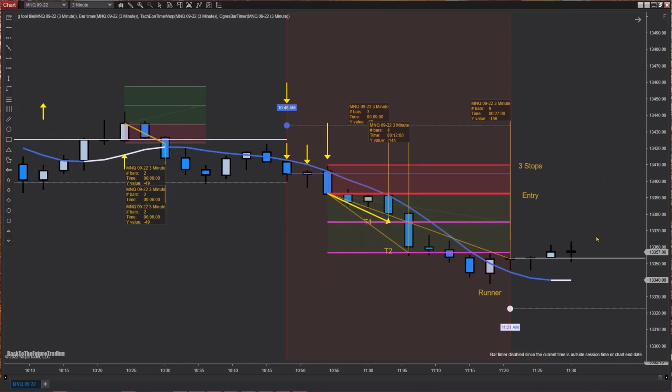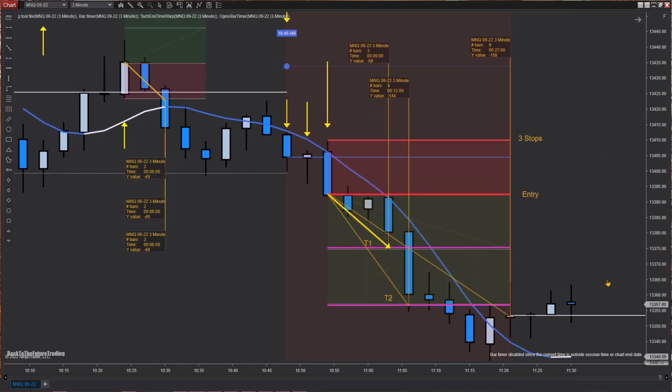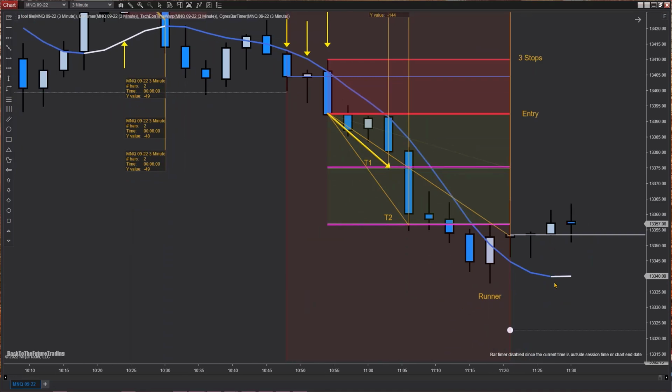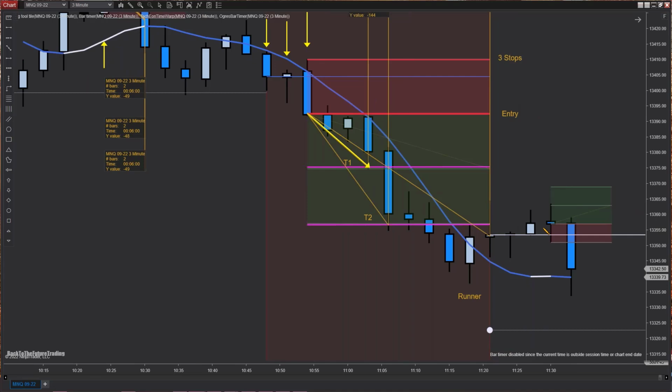So now we're just looking for the Hull, oh, look at this. Oh man, some of the flips today were just not pleasant. So that is a close above and a white moving average. So our close is here. Stopped out immediately. I think we make up for a few of them later though.